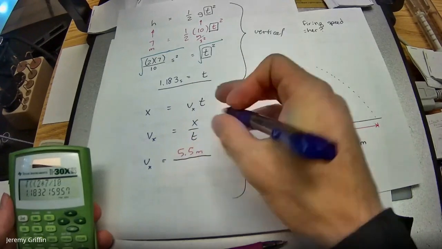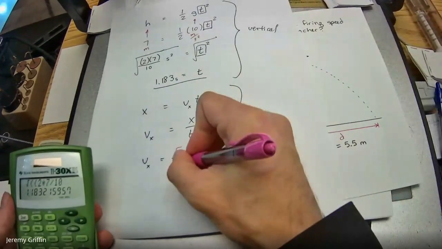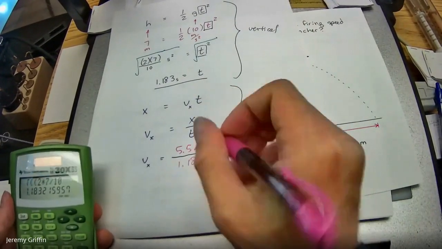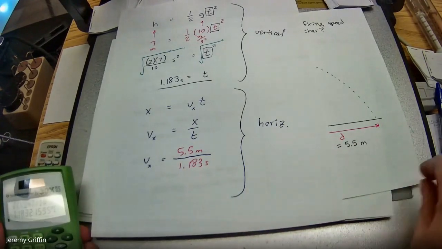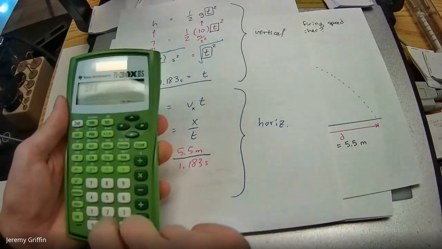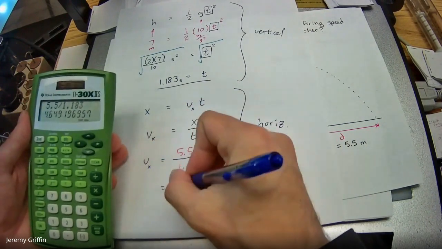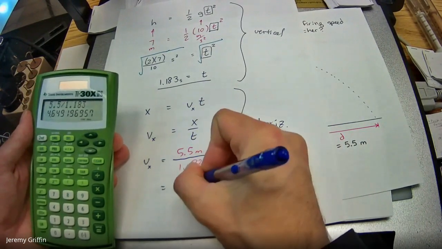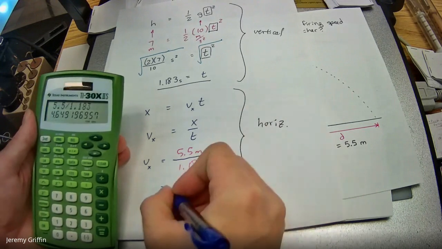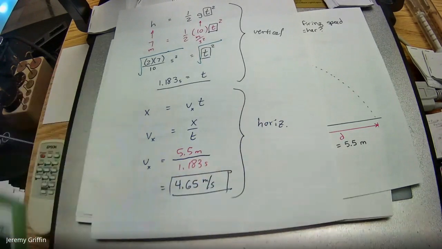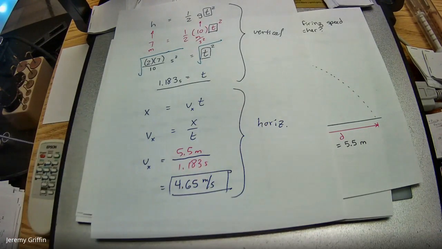And it did that all in 1.183 seconds. So then divide those two numbers out. What is 5.5 over 1.183? That is 4.65 meters per second. There you go. That would be the firing speed.